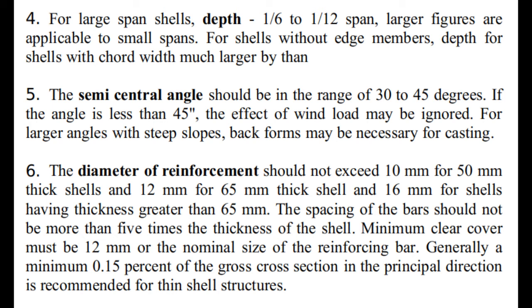These are all the design considerations given as per the IS code for concrete structures. The minimum clear cover must be 12 mm or the nominal size of the reinforcement bar. Generally, a minimum 0.15% of the gross cross section in the principal direction is recommended for thin shell structures.